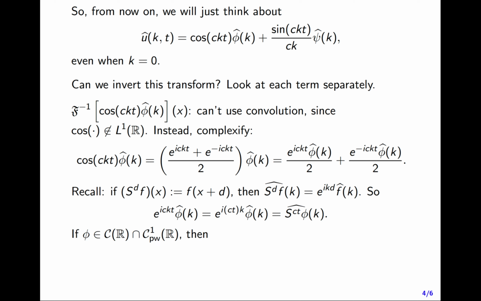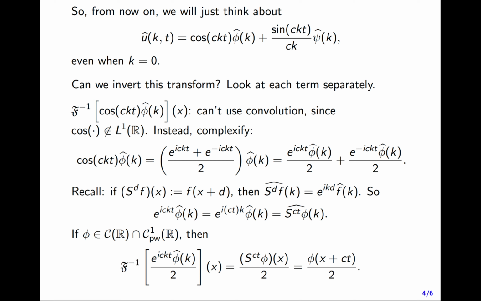And so if phi is a sufficiently nice function, say it's continuous and piecewise continuously differentiable, then I expect that the inverse Fourier transform of e to the i ct phi hat of k over 2 at x is just shift by ct on phi at x over 2, or phi of x plus ct over 2. So now it seems I have to assume a little more about phi.